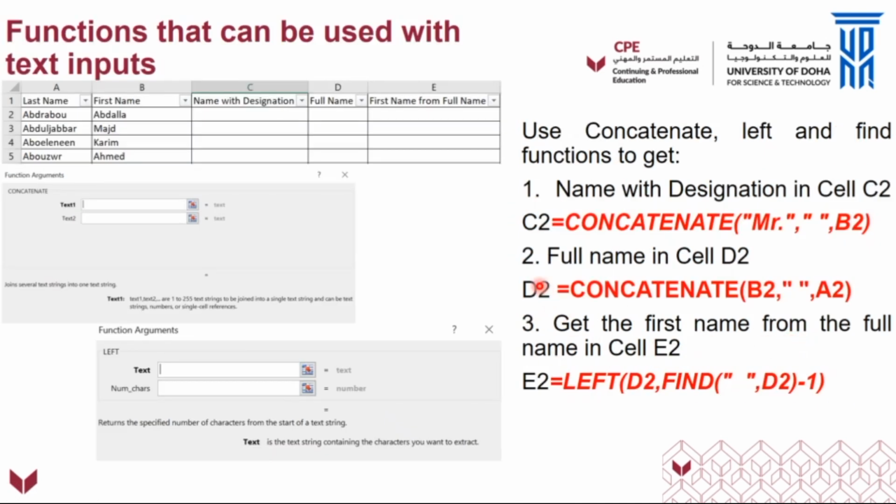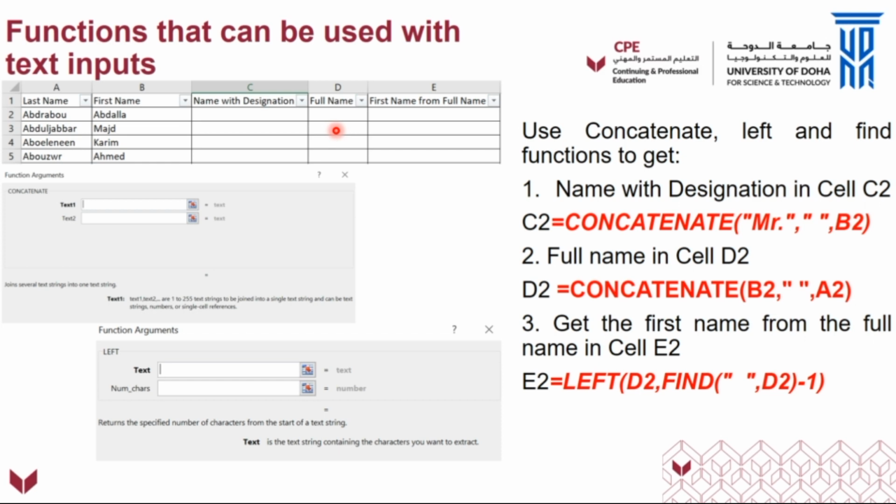Many times in Excel, I'm sure you would agree with me, we deal with files where we have to perform operations on text rather than numbers. The best example that comes to my mind is where we have a list of names, divided into first name and last name, and we have to combine them to make a full name.